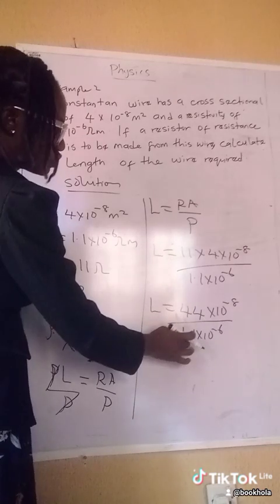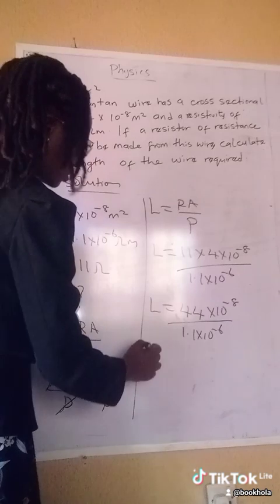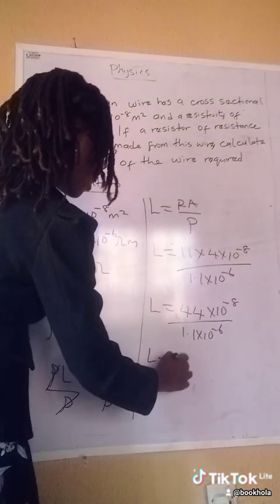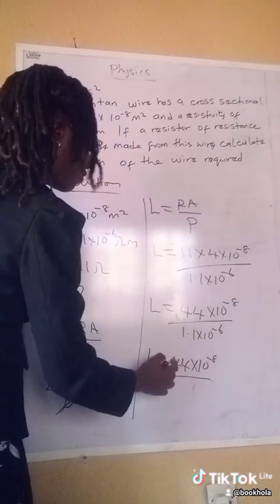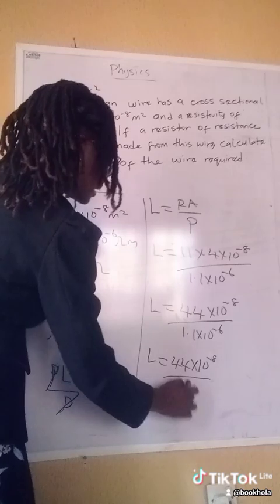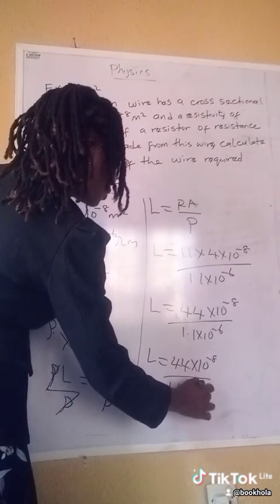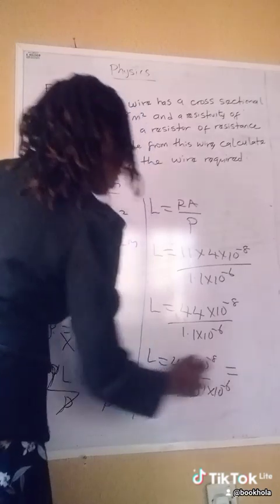So I want to make this to be 11. So if L is equal to 44 times 10 raised to the power minus 8 all over 1.1, I want it to be 11 times 10 raised to the power minus 1 times 10 raised to the power minus 6.